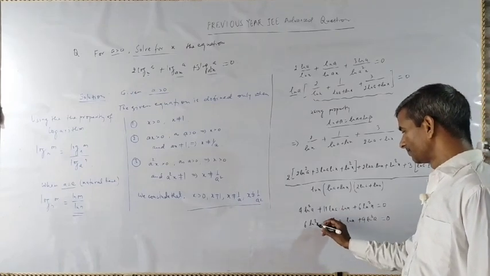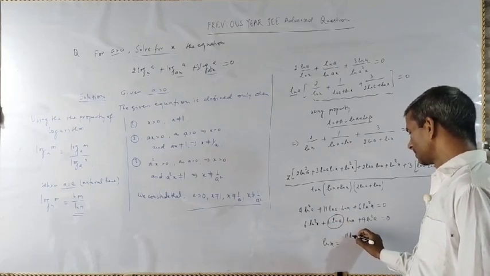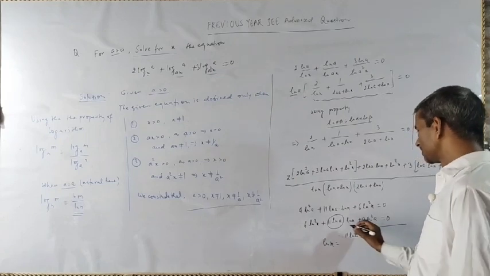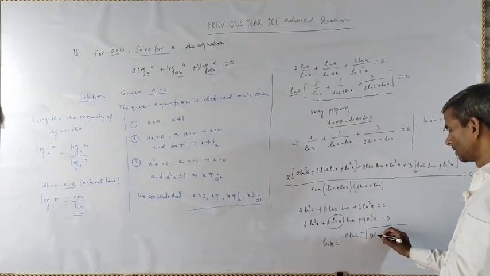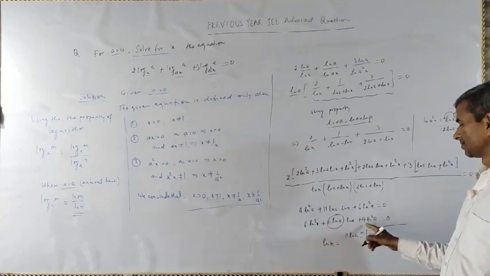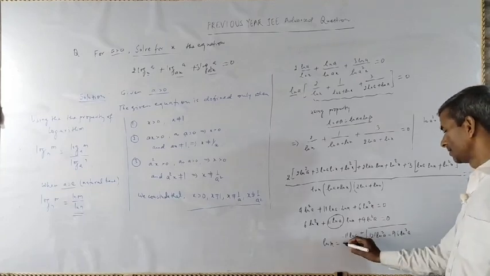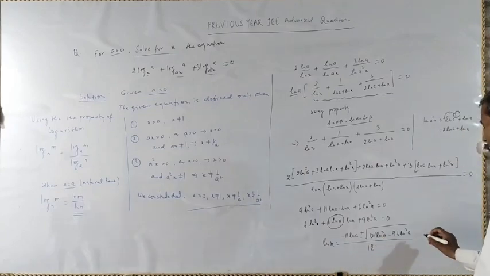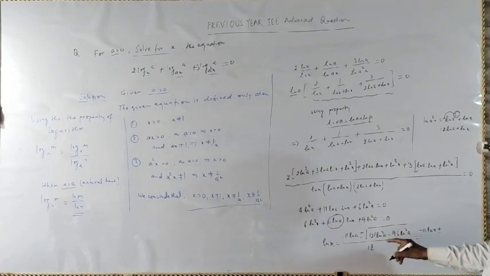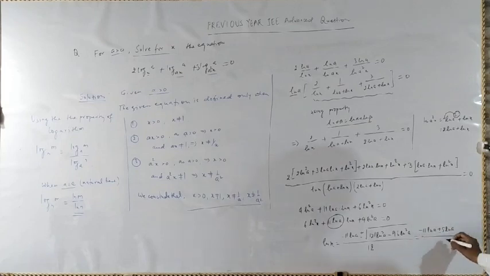Therefore, applying quadratic formula, ln x is equal to minus b, that is minus 11 times ln a, plus minus square root of b square, that is 121 ln square a, minus 4 times ac, that is 4 times 6 times 4, 96 ln square a, by 2a, that is 12, which gives minus 11 ln a plus minus square root of 121 minus 96, that is 25, square root of 25, that is 5 ln a, by 12.